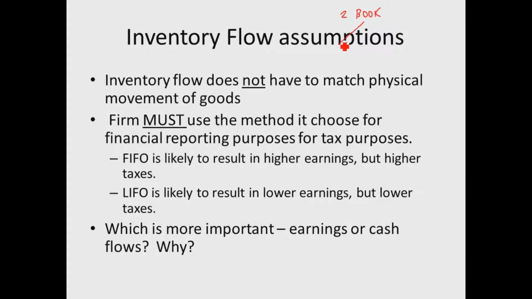Okay, so you have your tax returns and you have your financial reports. And to create these two sets of reports, you use IRS rules for tax reports, and for financial reports you use GAAP. And those two things are different.